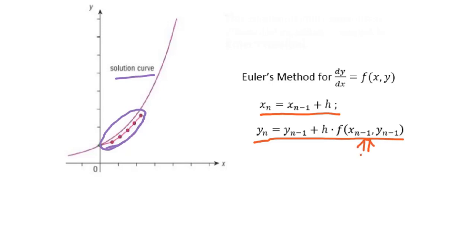Remember, this is the slope because the derivative is the slope of a tangent line.